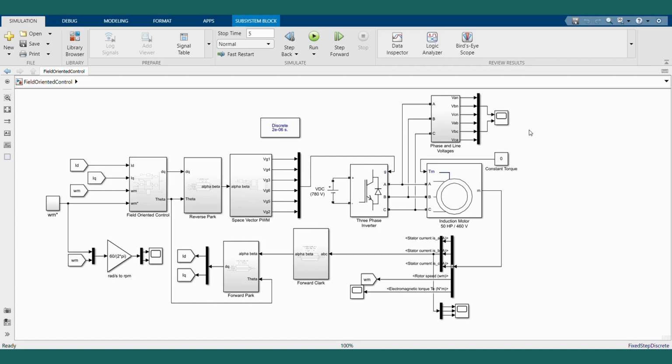And at the bottom we have the forward part and forward clock, whose duty is very similar, because their function is to convert a three-phase AC signal to a DC signal. And then we can see the graph by connecting it to the scope.